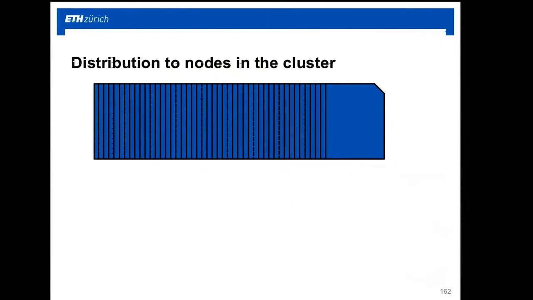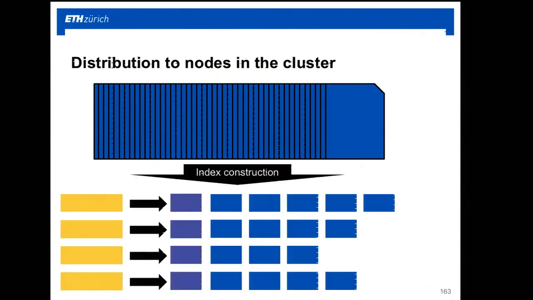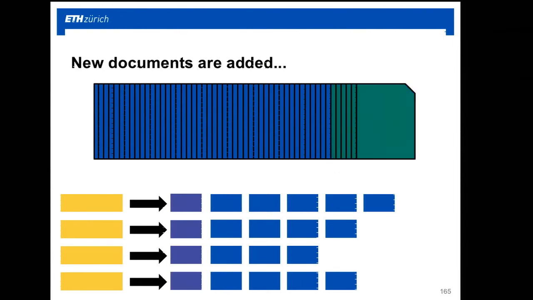So what we can do is the initial construction of the index, so we may have some existing documents in there. Now new documents get added to the collection. So imagine that we have these documents here in green on the right, they get added.